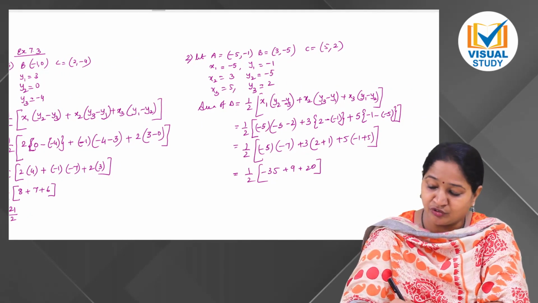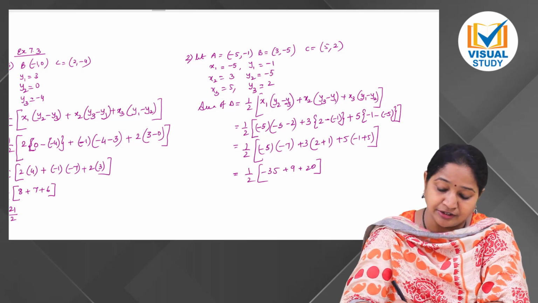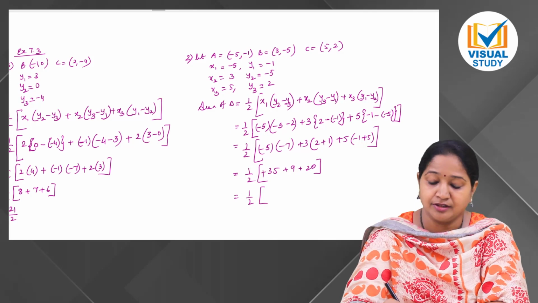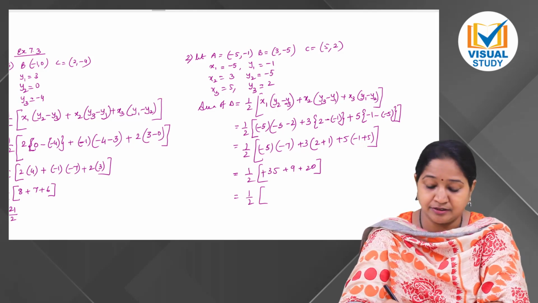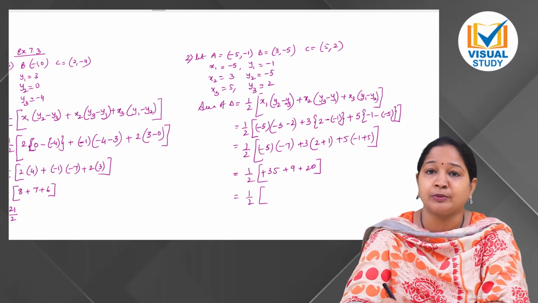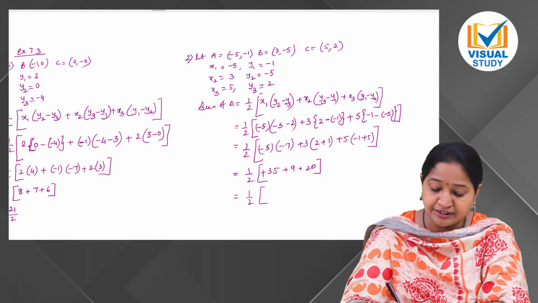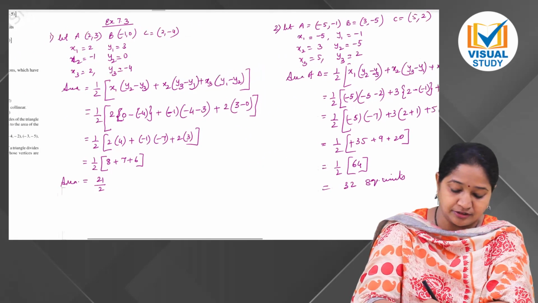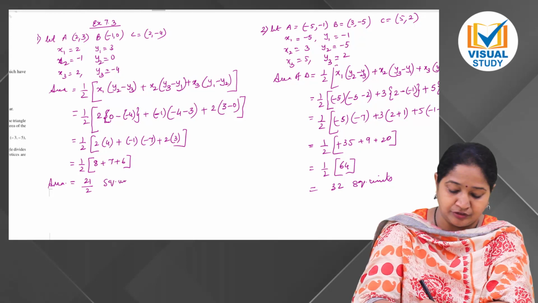And what is the answer you are going to get? Minus into minus, here it is plus, and half, 35 plus 20 plus 9 you get 64, and that is 32 square units. Here also please write square units.